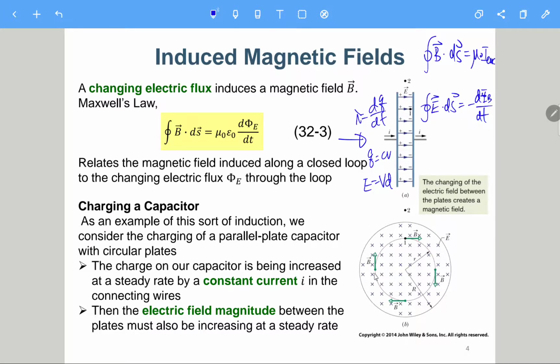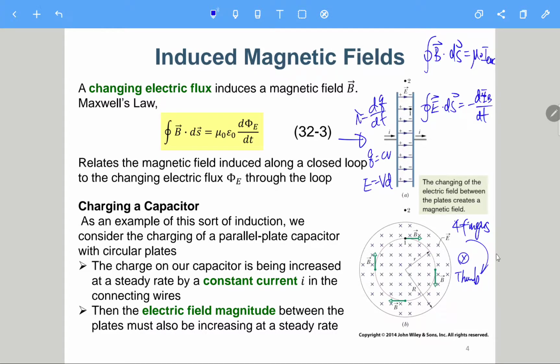Now, as E is increasing into the page, you can use the right-hand rule. Your thumb follows the direction of dΦE/dt. As E is pointing into the page and E is increasing, dΦE/dt is into the page.